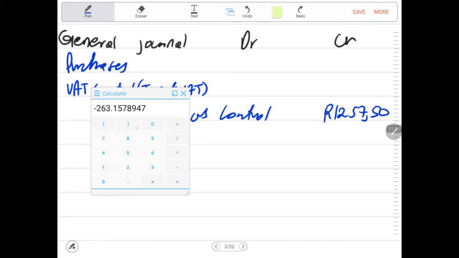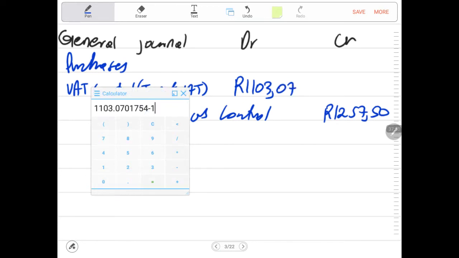Now for this amount of 1,257.50, we need to know how much is the 100% of that amount before VAT was included. The 100% of this amount before VAT was included is 1,103 rand 7 cents.